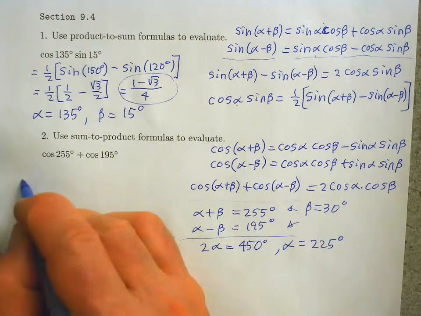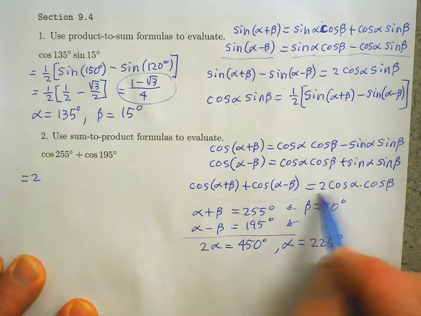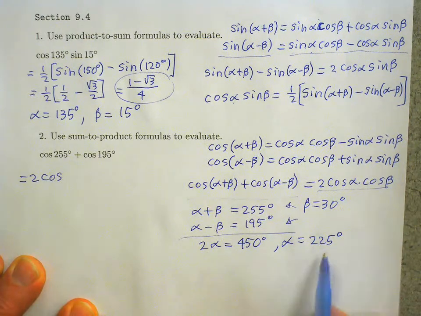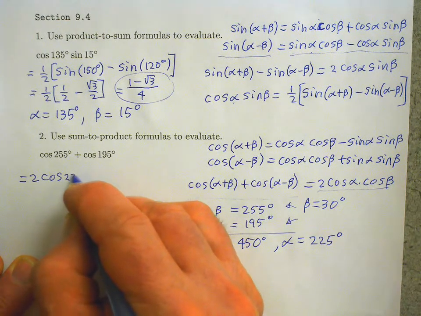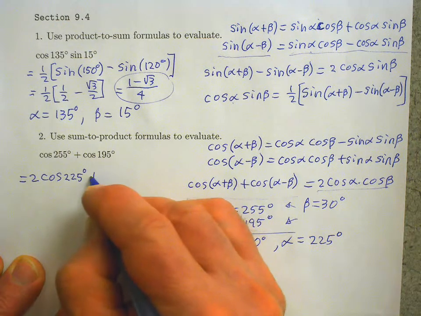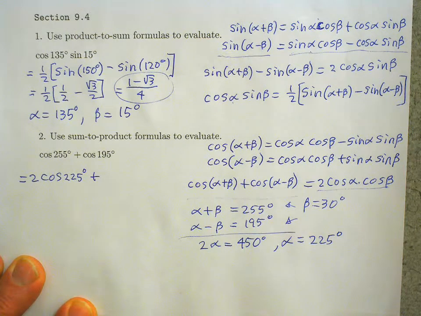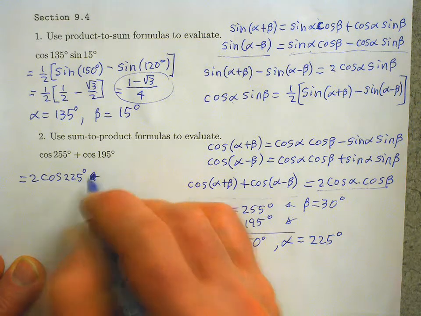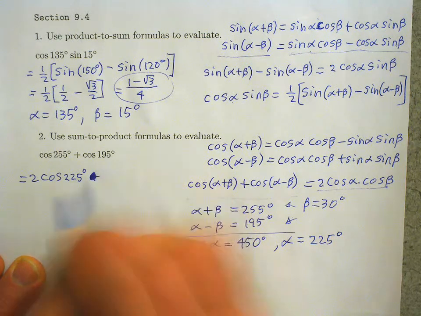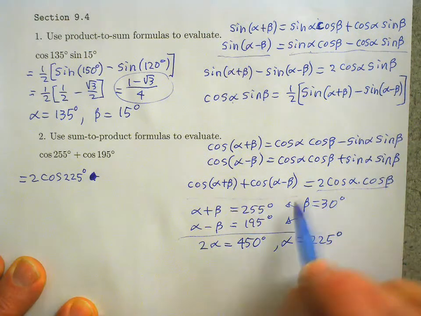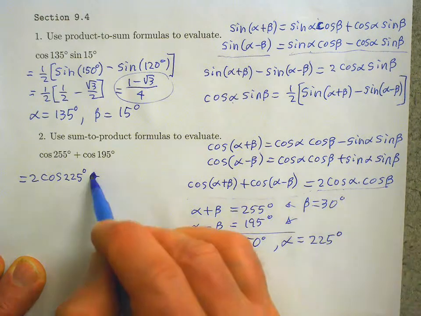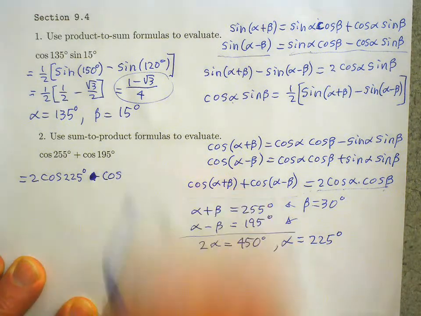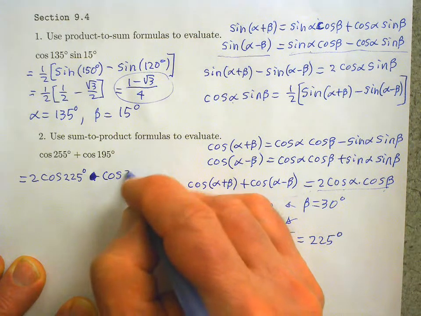Okay, so this will be equal to 2 times cosine of alpha, which we found to be 225 degrees. Sorry, I'm not going to add, it's 2 times cosine of alpha times cosine of beta. So this is multiplication, cosine of 30 degrees.